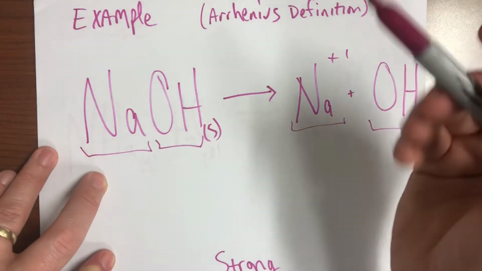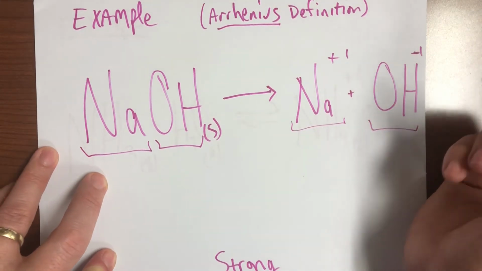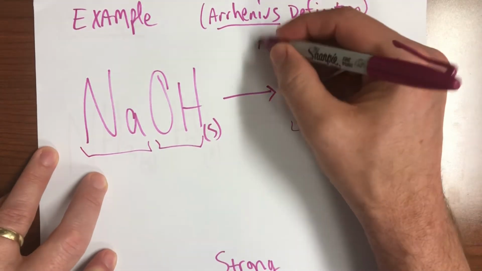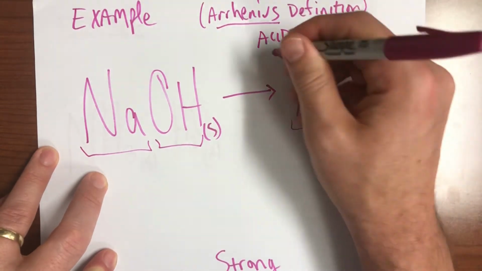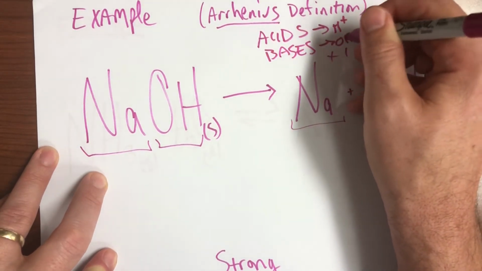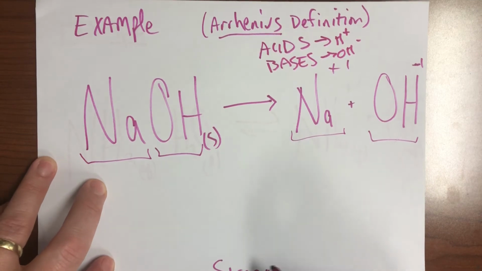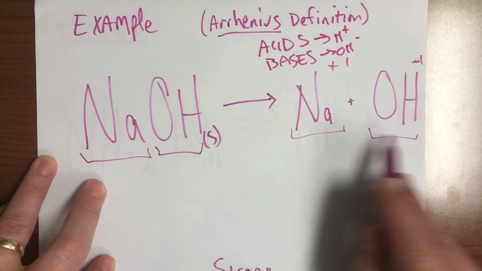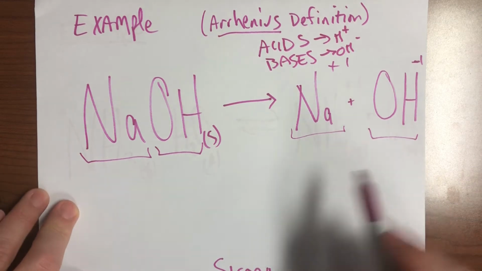And this leads us to the Arrhenius definition of acids and bases. A different way to think of it is that acids dissolve in water to produce hydrogen ion, and that bases dissolve in water to produce hydroxide ion. So even though we don't see a transfer of hydrogen here, we see that it's breaking up, giving off hydroxides into the solution.